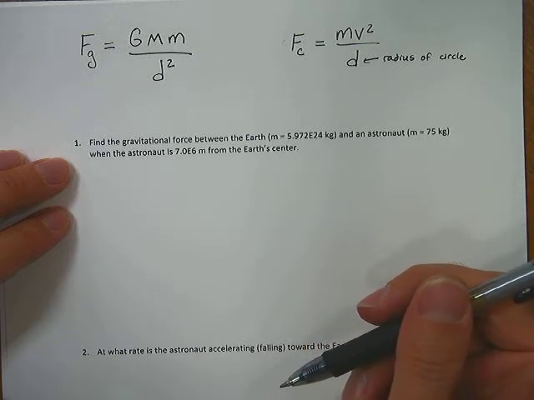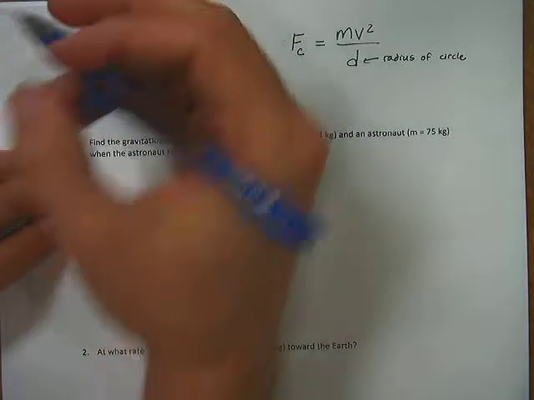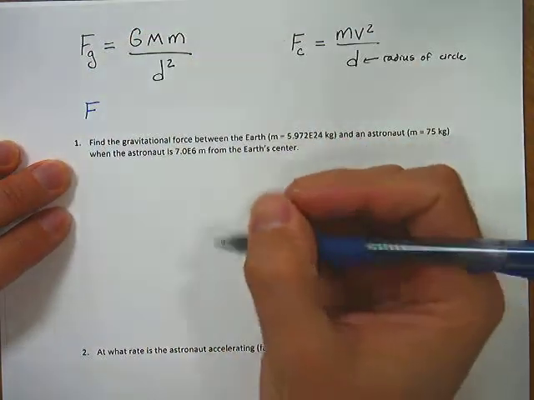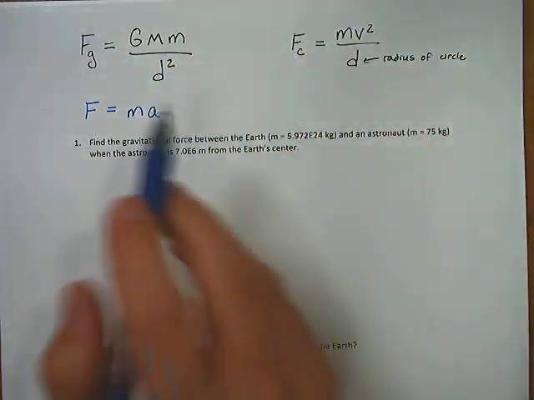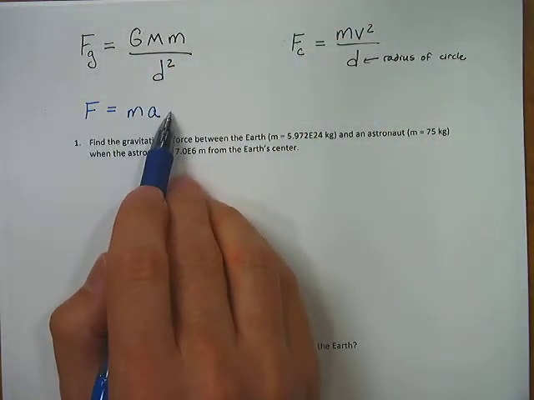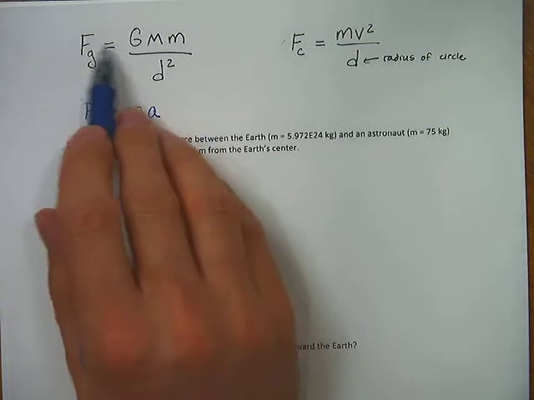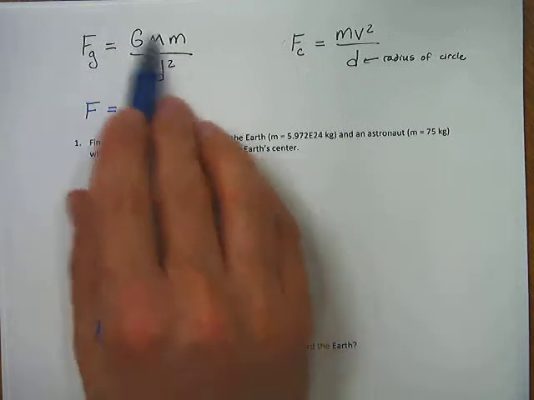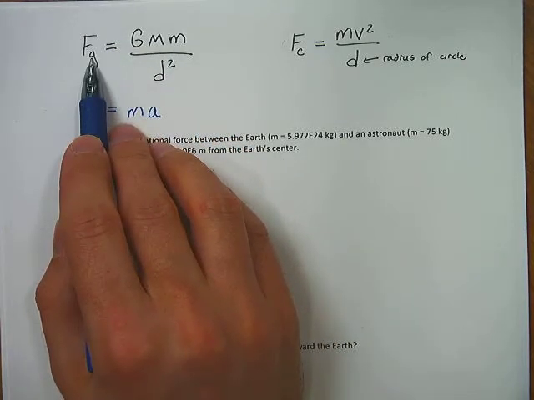Okay. These are our two main equations. We know from Newton's second law that force equals mass times acceleration. A force causes a mass to accelerate. This applies here as well.